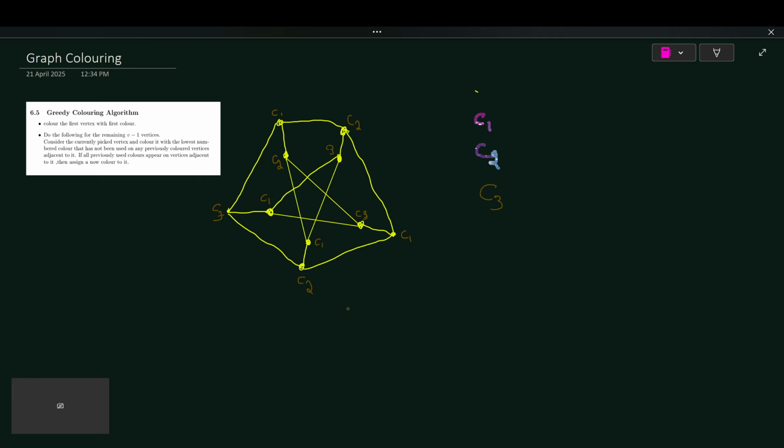So it only gives a proper coloring of the given graph. So that is the greedy coloring algorithm which can be used to color a graph.